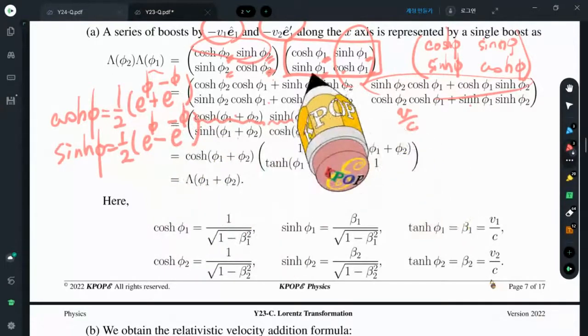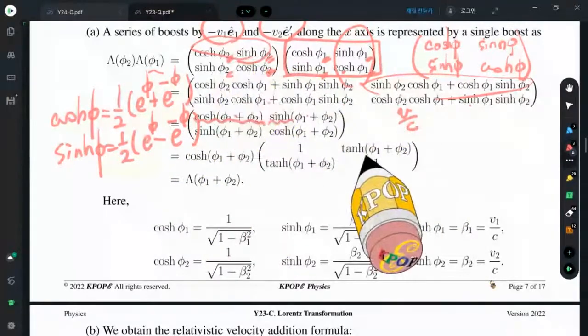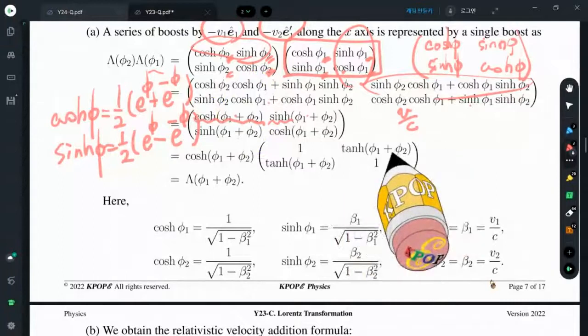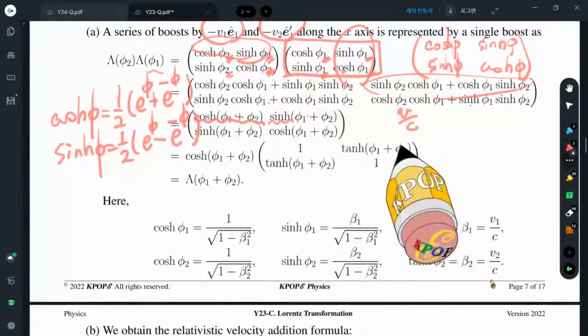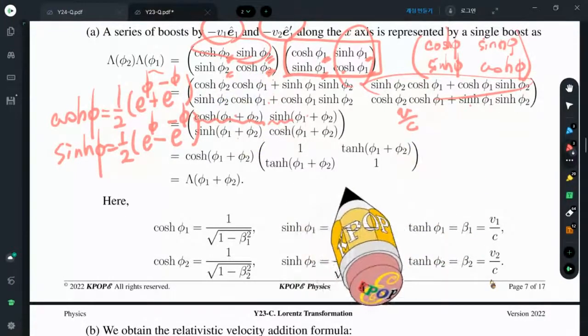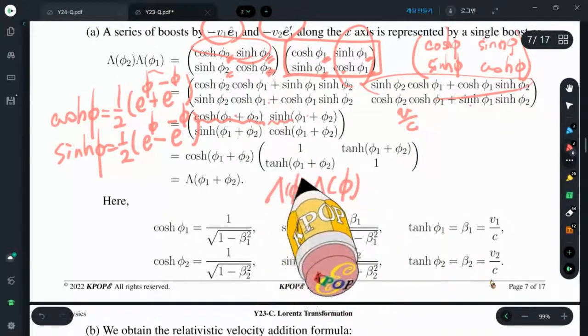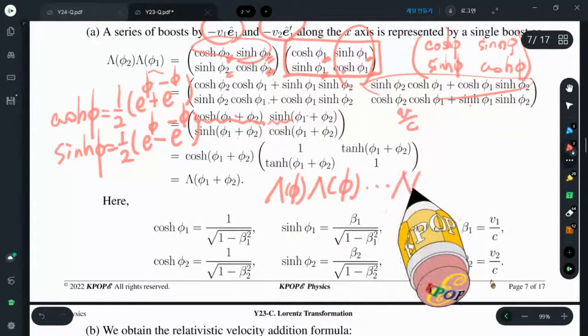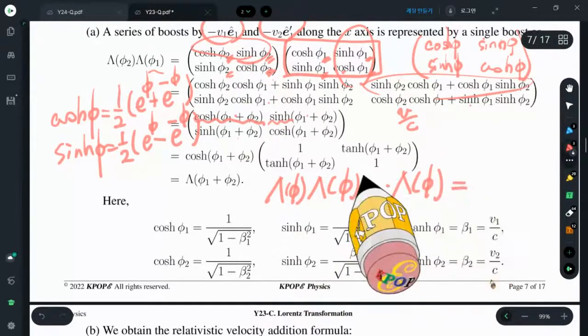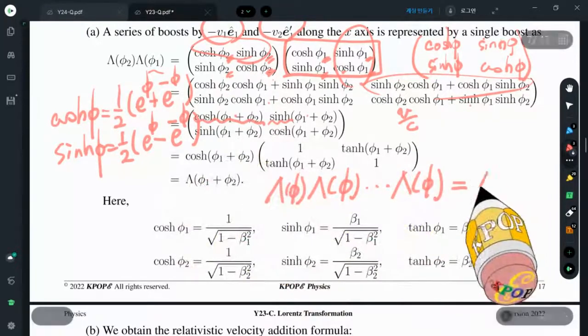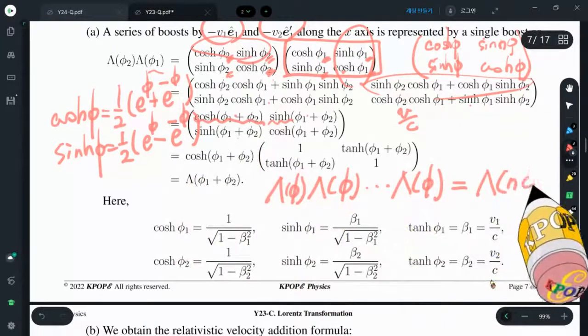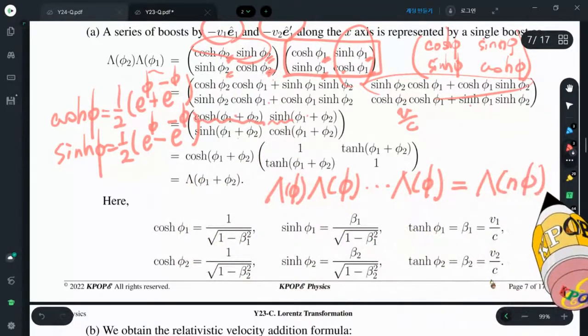If I boost the system very fast and fast again, even in the case I boost with the same factor n times, what happens? According to this formula, I would get n times phi.